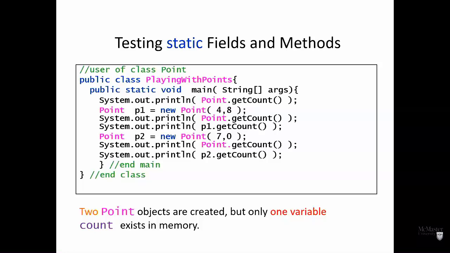So if you use Point.getCount, here we are using the class name itself, which is okay for a static method. What should you expect to get? Yeah? 0, right? Because you initialize it to 0 by default.